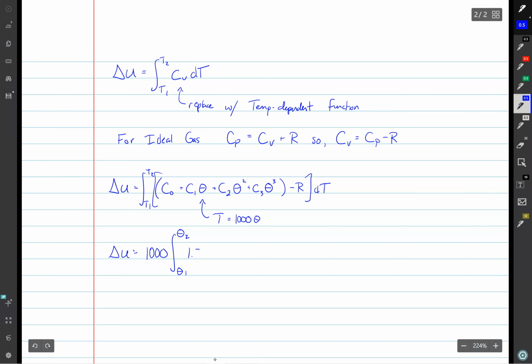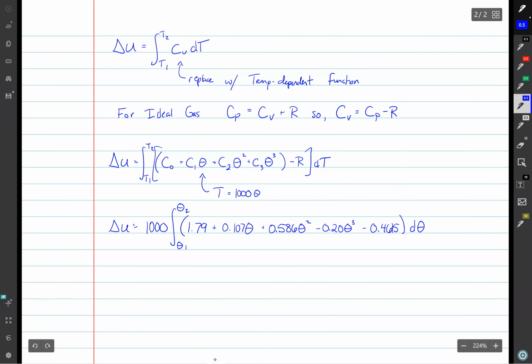Then this would be, if we plug in our coefficient values, 1.79 plus 0.107 theta plus 0.586 theta squared minus 0.20 theta to the third minus R, which was 0.4615. All of that d theta.